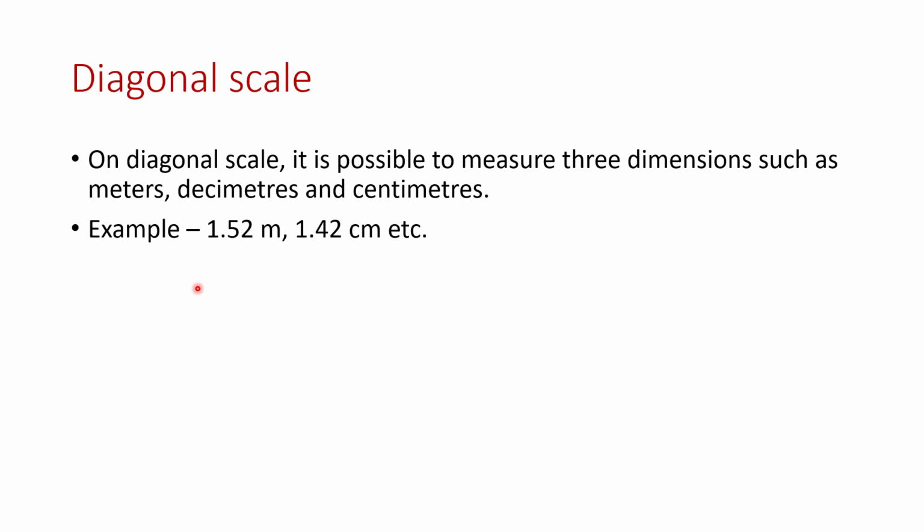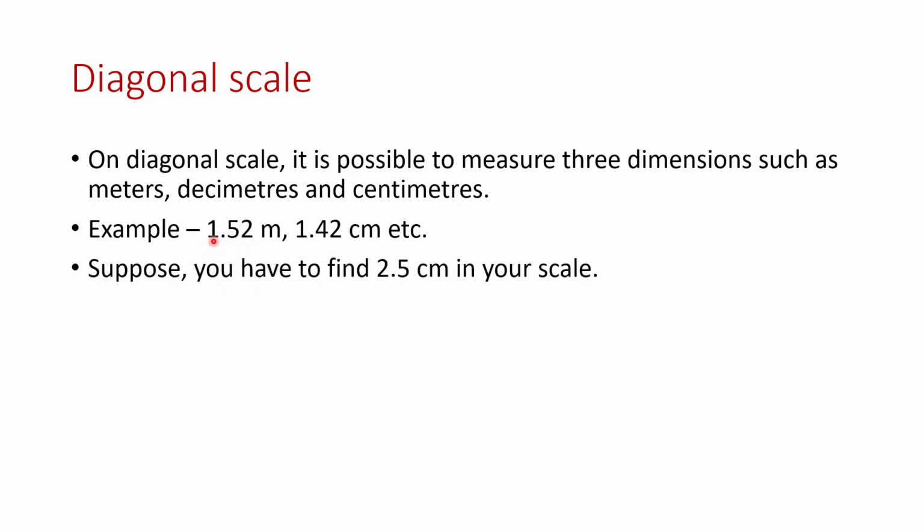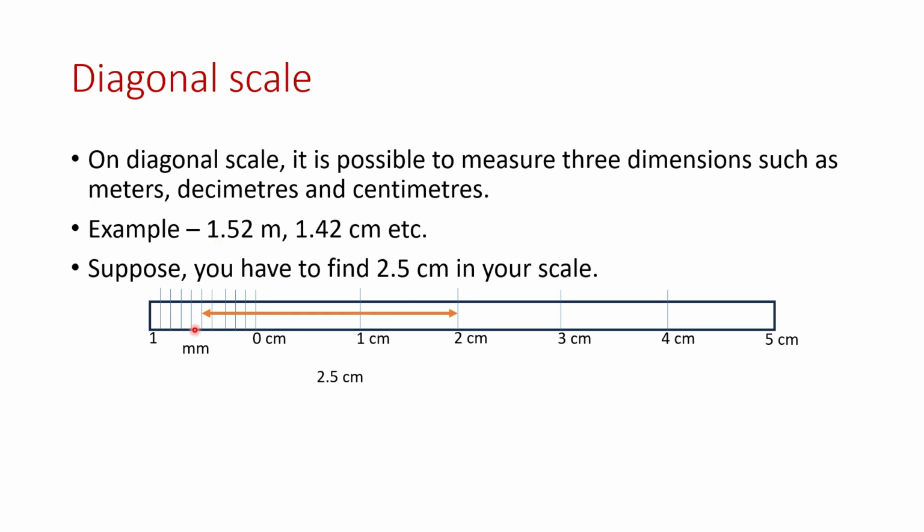But by using the diagonal scale, it is possible to measure 3 dimensions such as meters, then decimeters, then again we are dividing it into 10 equal parts like the centimeters. So by using the diagonal scale, you can measure 1.52 meter, 1.42 centimeter, etc. Now this is your plane scale. By using the plane scale, this 1 centimeter, 2 centimeter, again we are dividing it into 10 equal parts.